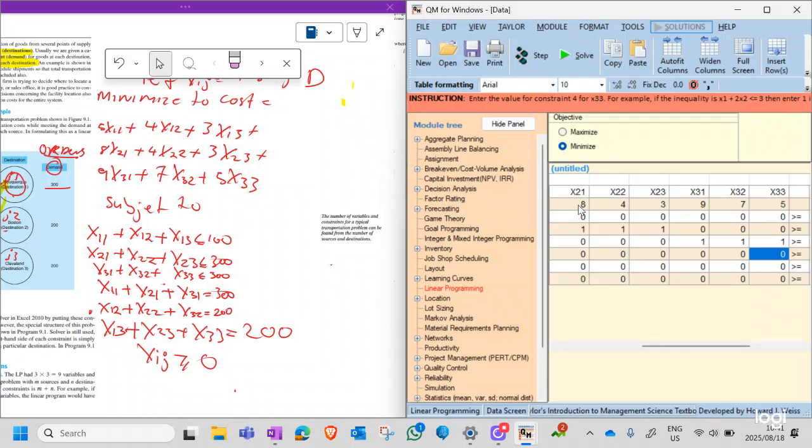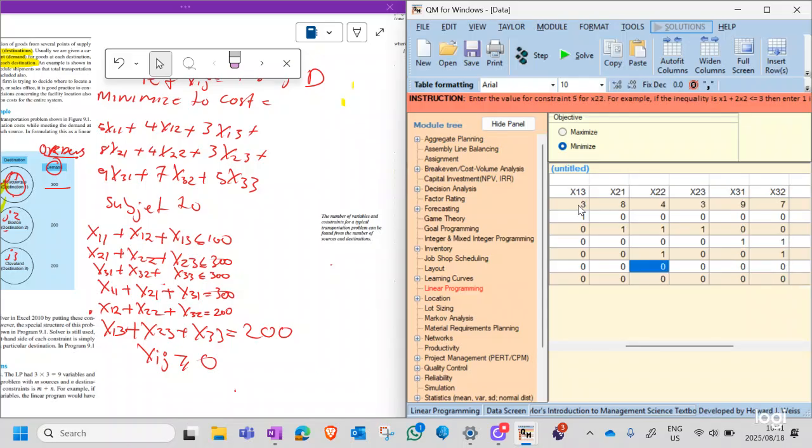Okay, then here you have x1, and you want to skip x22 there, x32.